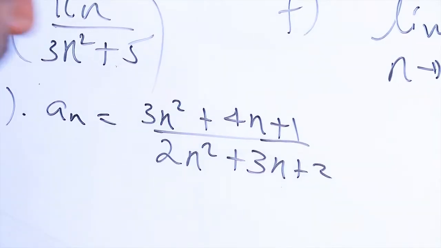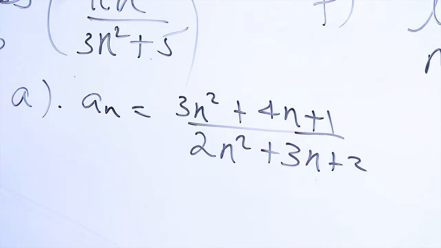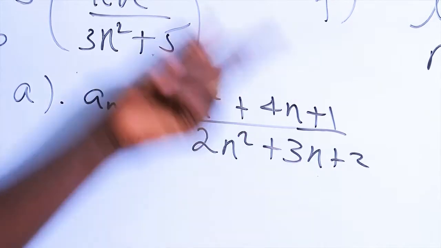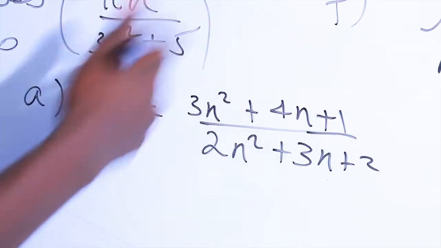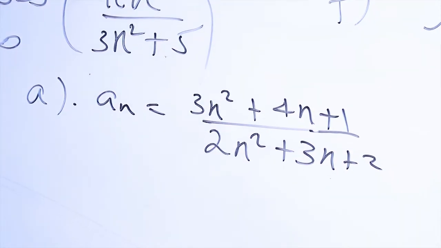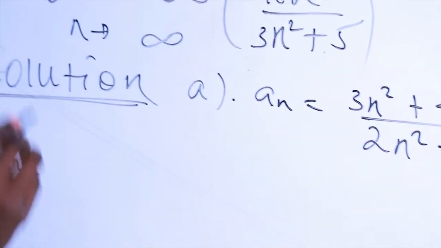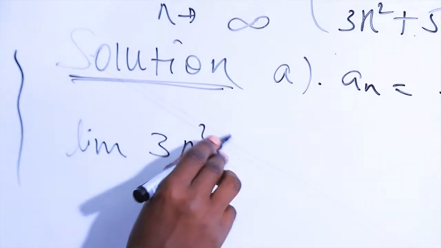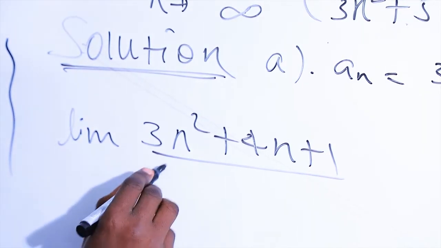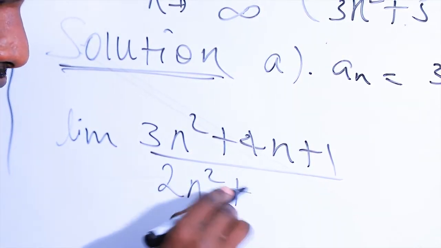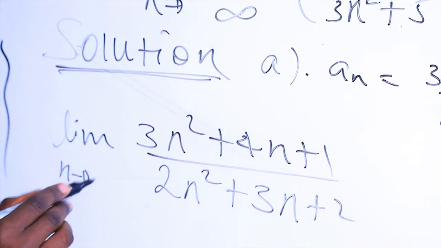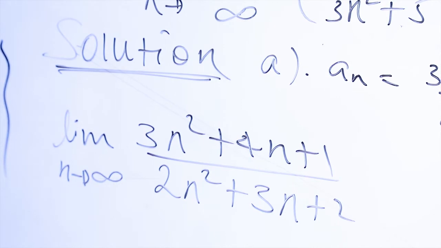Now we are asked to find the limit of the sequence as the value of n approaches infinity. So here we can say the limit of 3n squared plus 4n plus 1 over 2n squared plus 3n plus 2 when n approaches infinity. What will be the limit of all this?